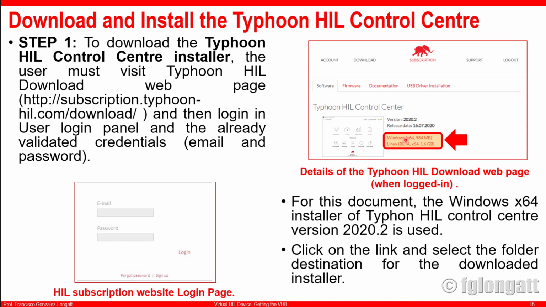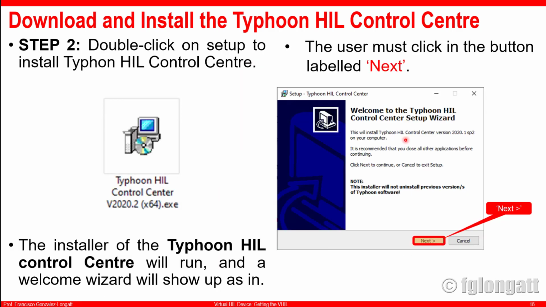In this case, I download the Windows version 64 bits, okay? When the download is done, you will have an executable file, and you can see over here, Typhoon HIL Control Center, version 2020, Service Pack 2, 64 bits, and it is an executable file, okay?